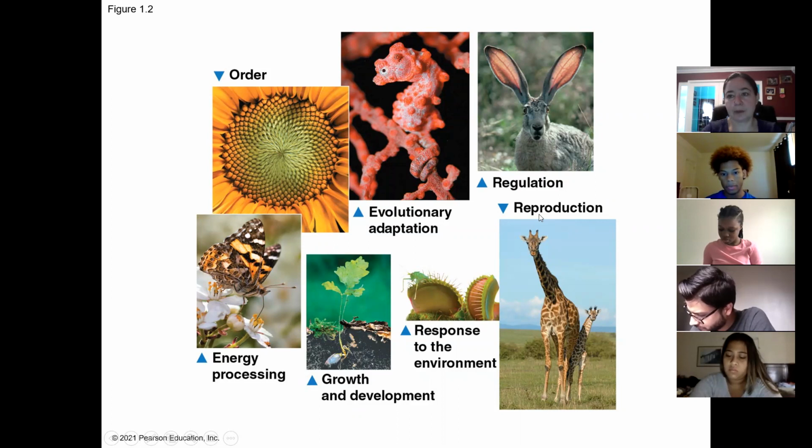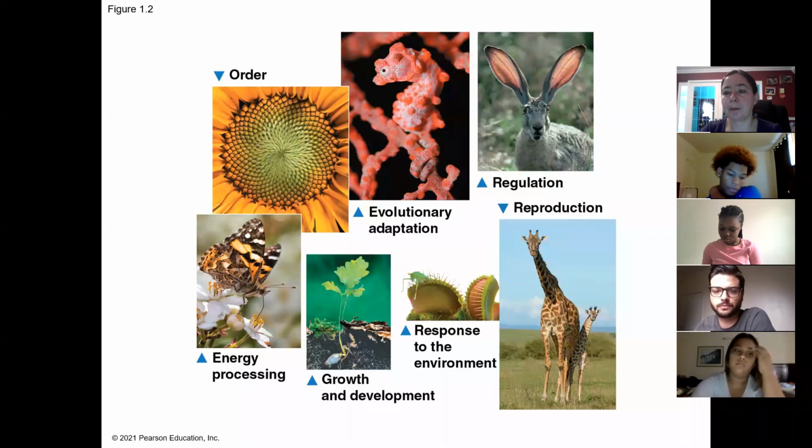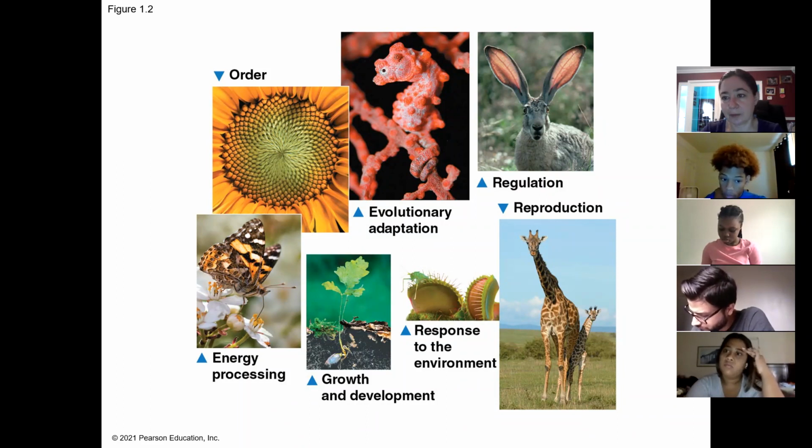Reproduction. You can be a living organism without reproducing. Not all living organisms are capable of reproduction. A good example of organisms that are not capable of reproduction are among insects, especially those that live in colonies.